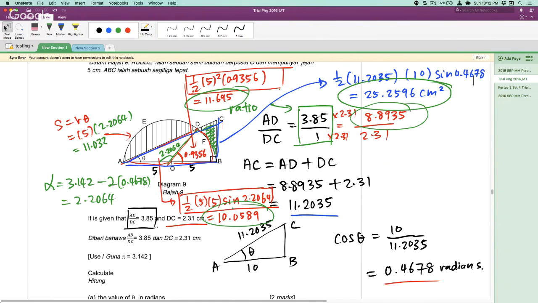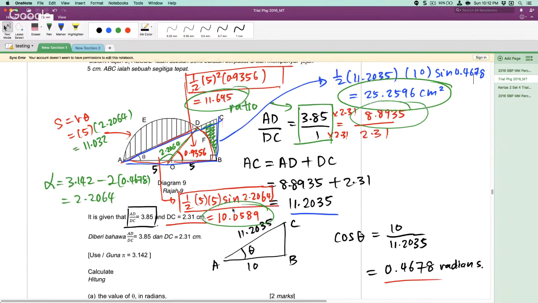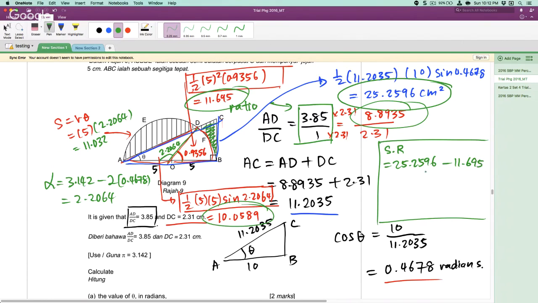The calculator hung, so I will use the small area here to write up. Shaded region equals 25.2596 minus 11.695 minus 10.0589.